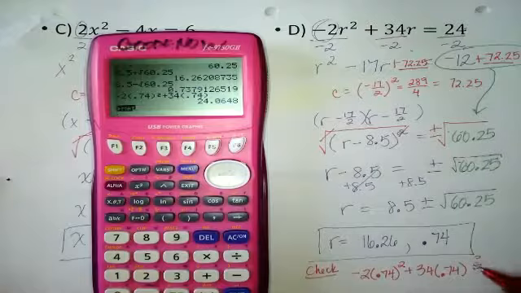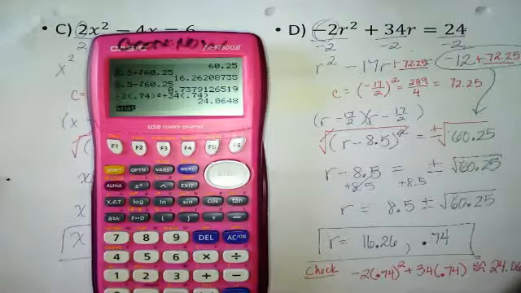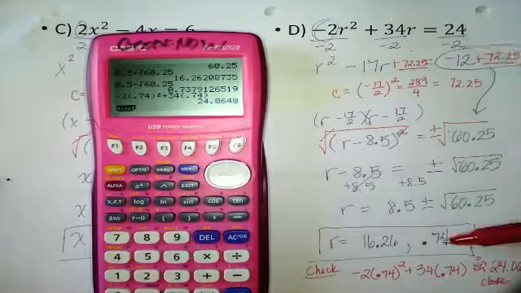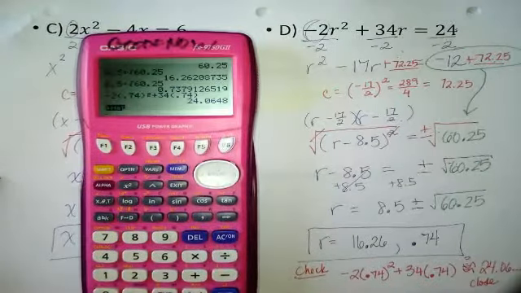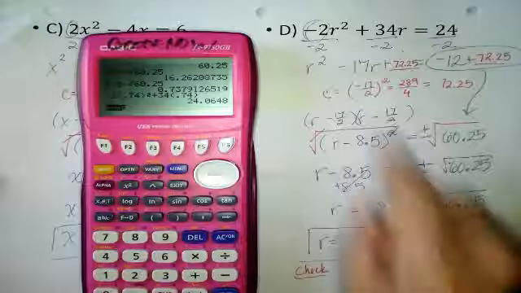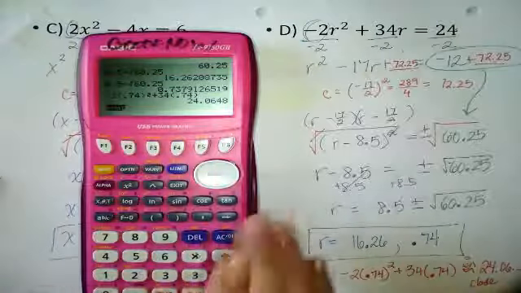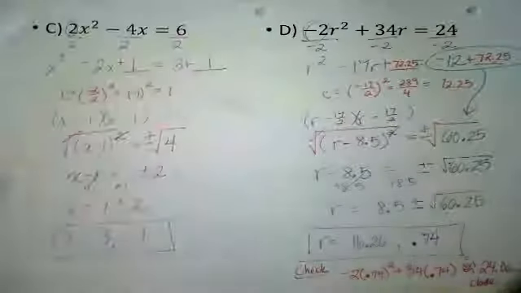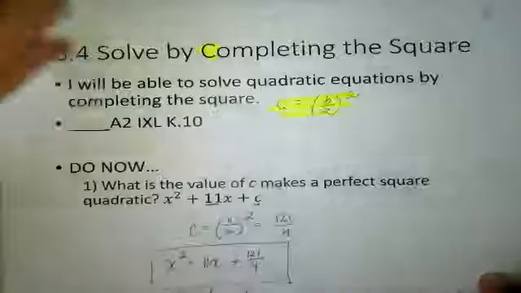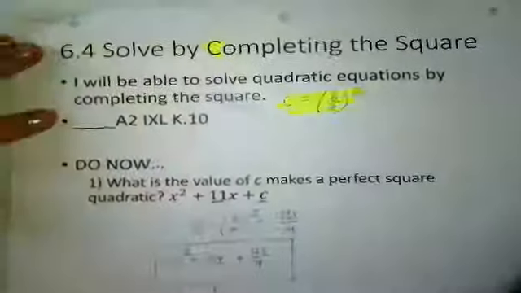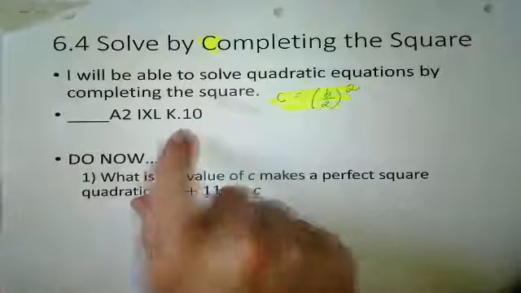And you can see that it's approximately 24.06, yada, yada, yada. That is close enough. We rounded off, and so it's not going to be exactly 24. So we're pretty close there. But that's a good way to double check. You can always take an answer and plug it back in. Hint, hint on test day. Ladies and gentlemen, that is the process for completing a square. And now you can go practice it on IXL K10.